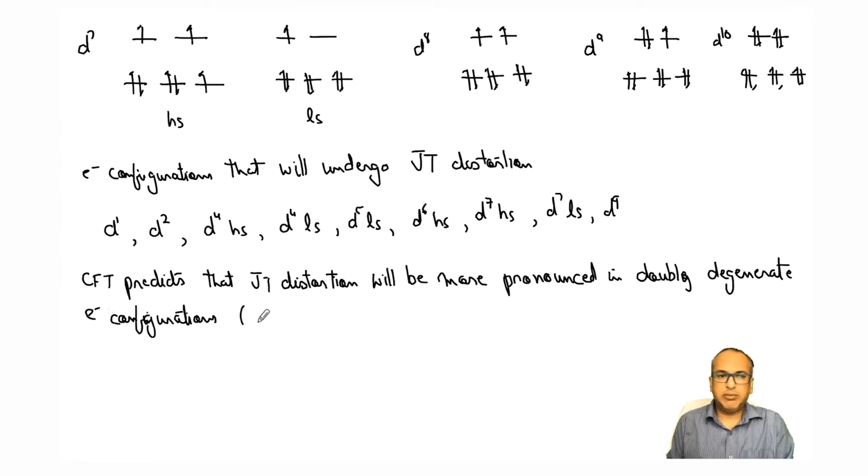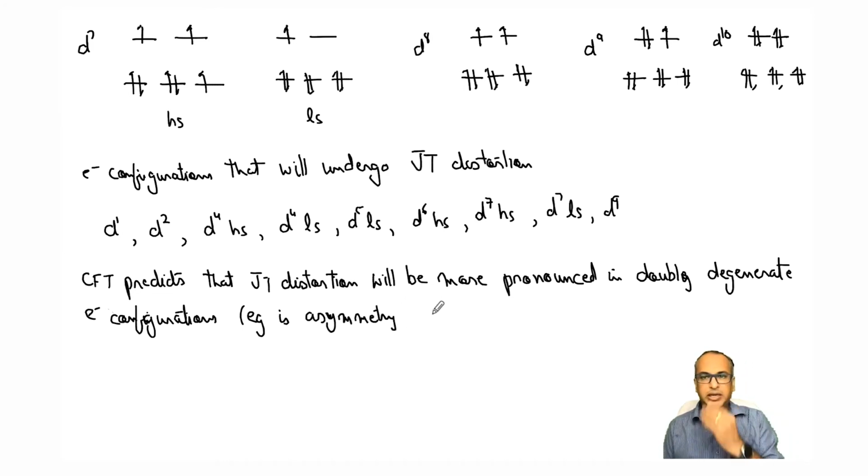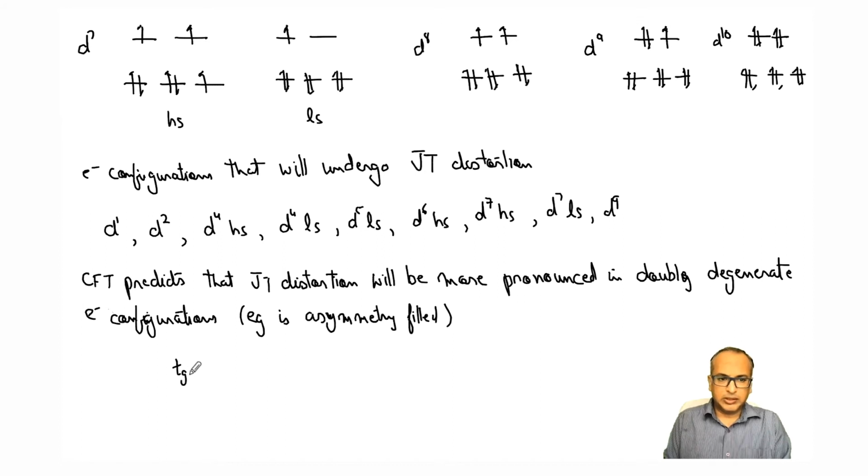So what do I mean when I say doubly degenerate? That means EG is asymmetrically filled. Because if T2G is asymmetrically filled, it will be a triply degenerate electronic configuration, right? So if EG is asymmetrically filled, then you will end up getting doubly degenerate, and that will undergo more pronounced Jahn-Teller distortion. So what are the possibilities for EG? If you have T2G3 and EG1, that is the D4 high spin case, right?